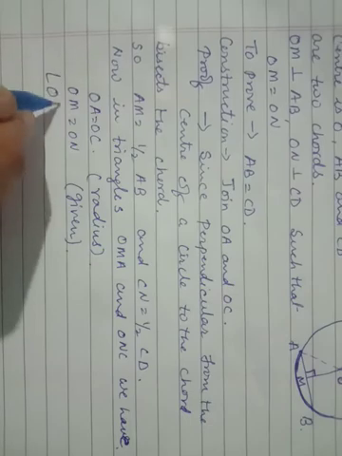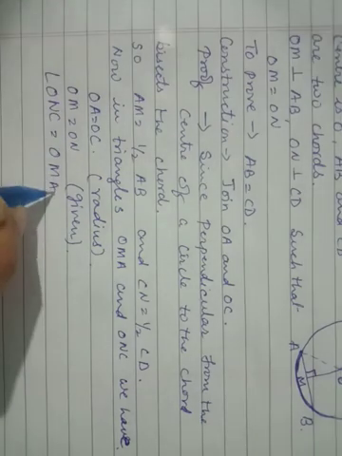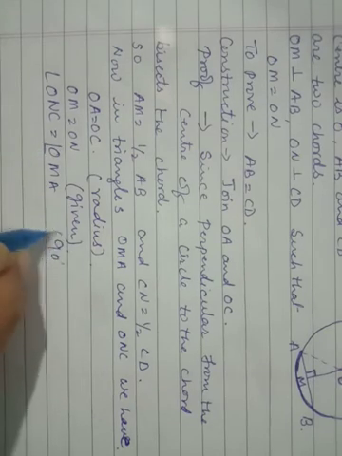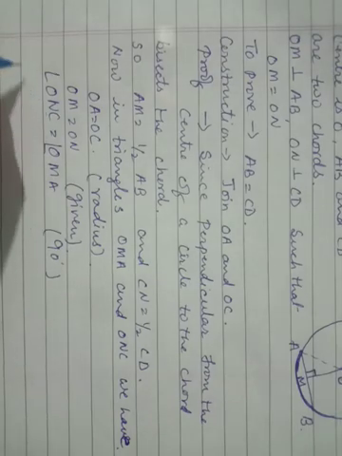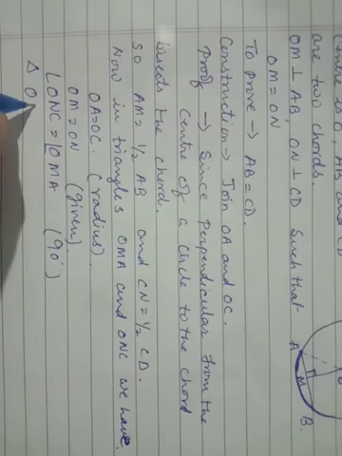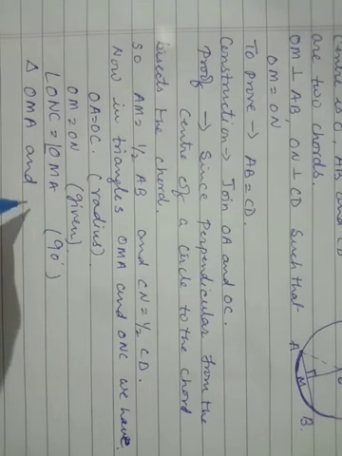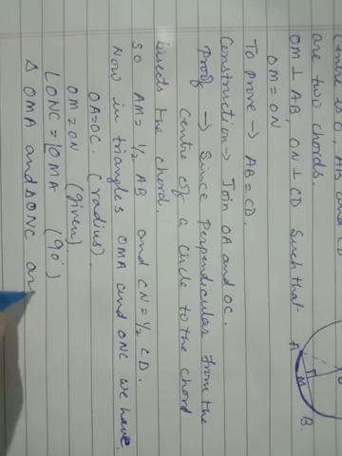Now we'll take the angles. Angle ONC is equal to angle OMA, each 90 degrees. So our triangles OMA and ONC are congruent.